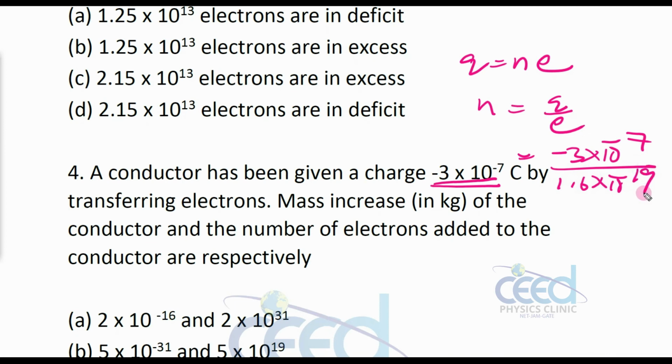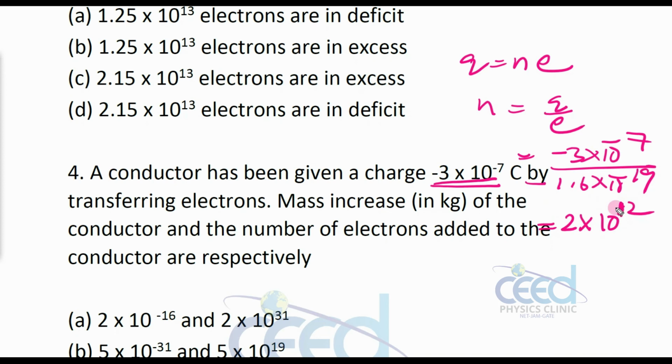When you divide this, you get 3 by 1.6, approximately 2. The minus signs cancel, so approximately 2 into 10 raised to 12 electrons. Now what is the mass increase? An electron has a mass, and 2 into 10 raised to 12 electrons are entering the body by charging it with minus 3 into 10 raised to minus 7.